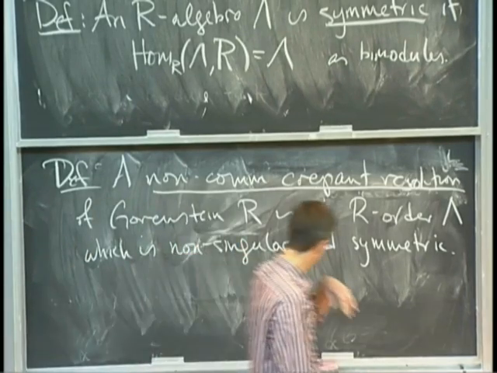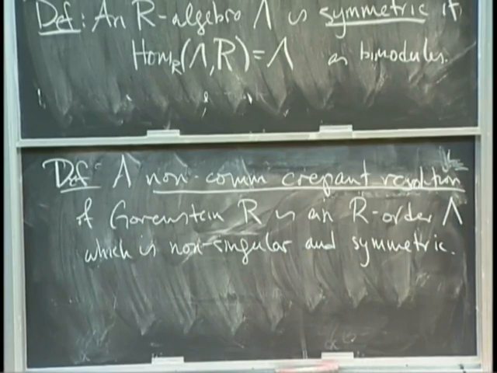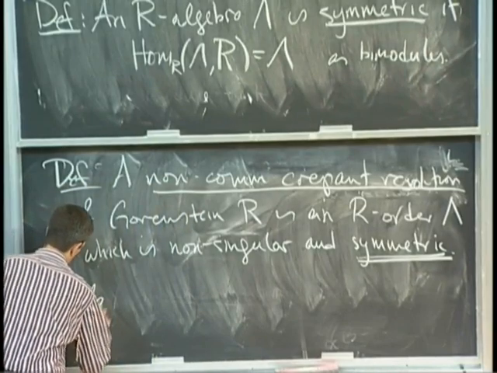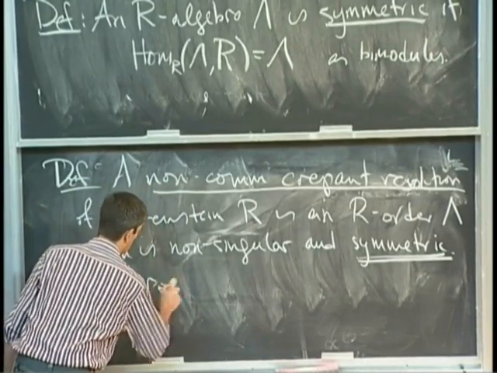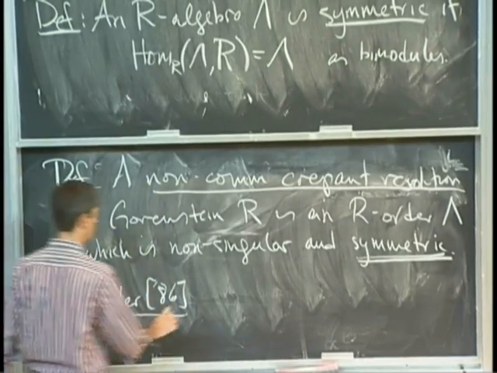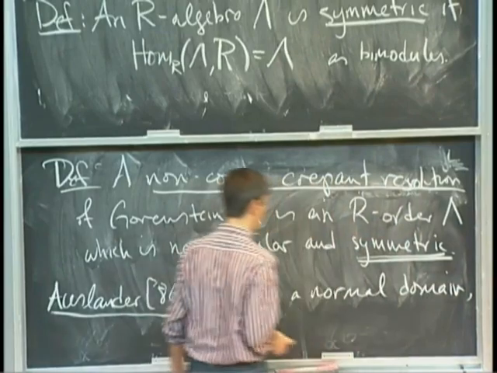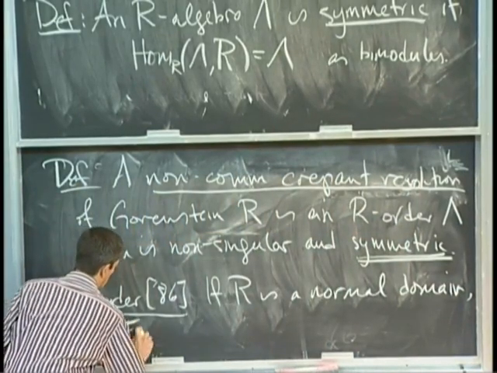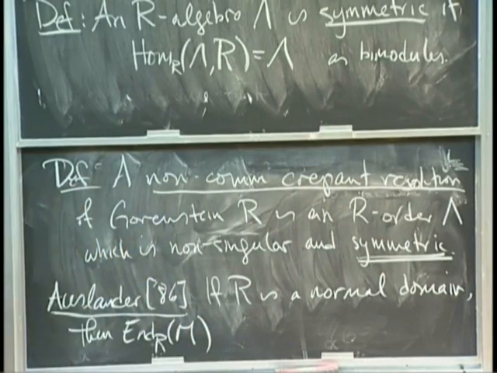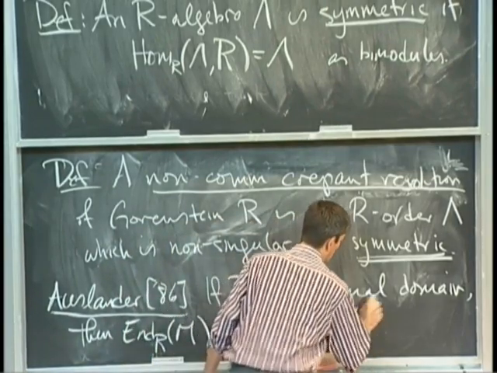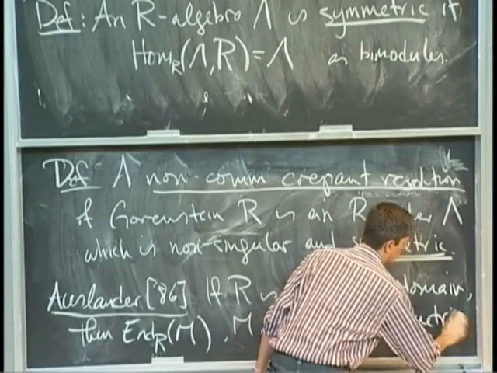So, the first sign that this is a reasonable idea is that we have a great source of symmetric algebras. Which is that if R is a normal domain, then the endomorphism ring of a reflexive module is a symmetric R algebra.